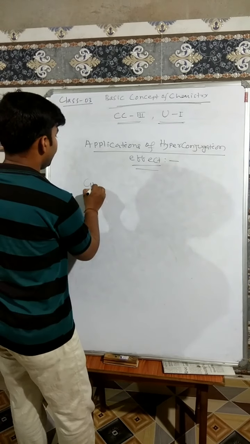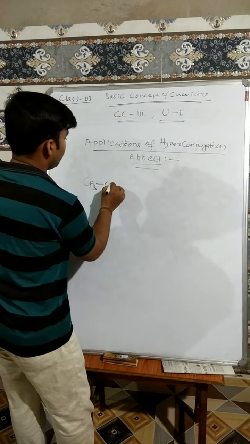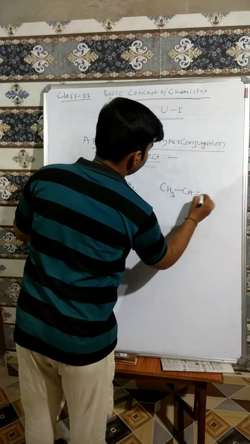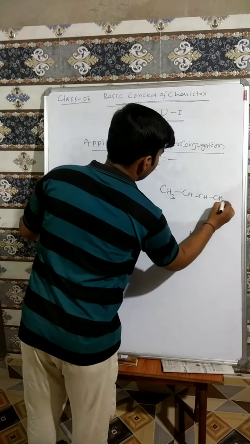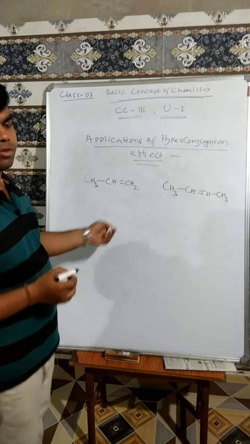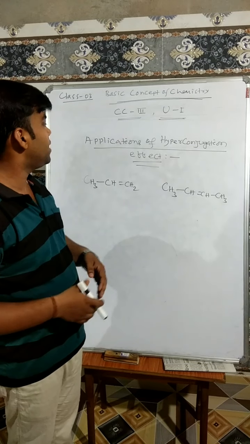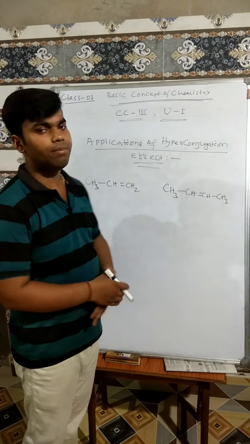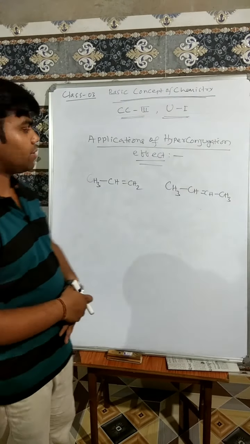Suppose propene and but-2-ene. Out of these two alkenes, propene and but-2-ene, but-2-ene is more stable as compared to propene, and this can be explained with the help of the hyperconjugation effect.